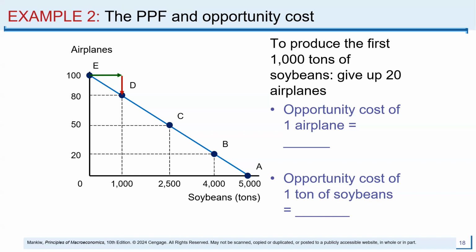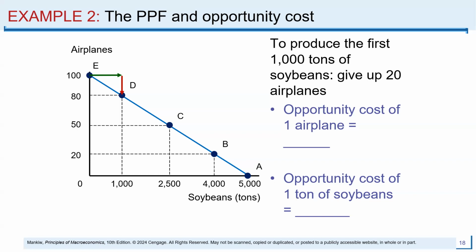So for each ton of soybeans, you can get 20 divided by 1,000 airplane. That will be 1/50, so it's 0.02.